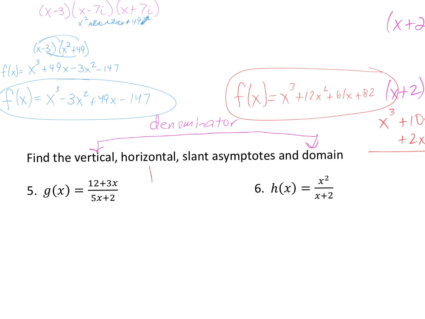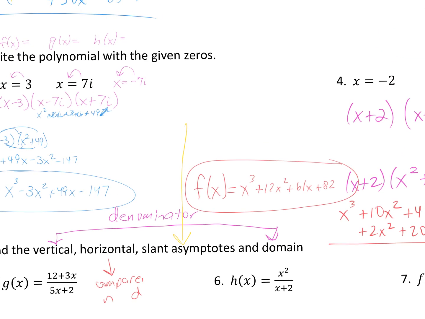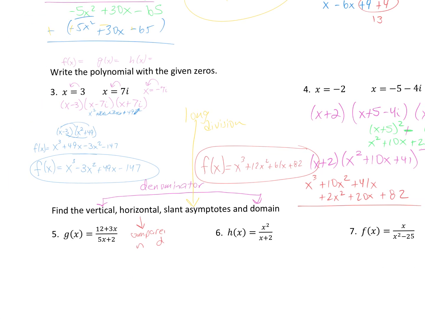We compare. All right, you're going to compare the numerator degree and the denominator degree. And then how do you find slant asymptote? Yep, you're going to do long division. Long division. Good.